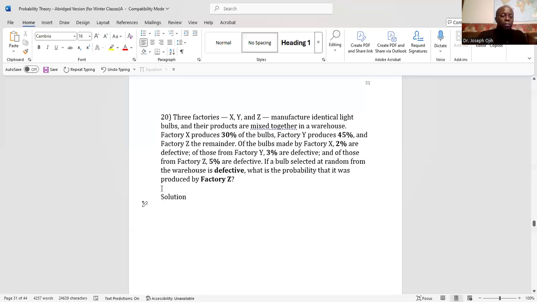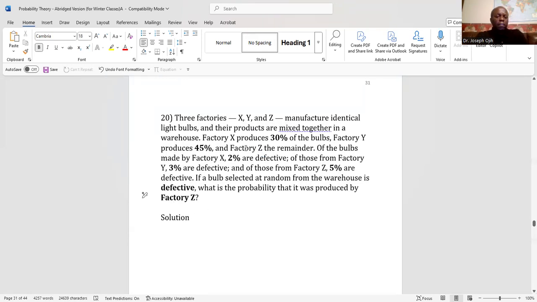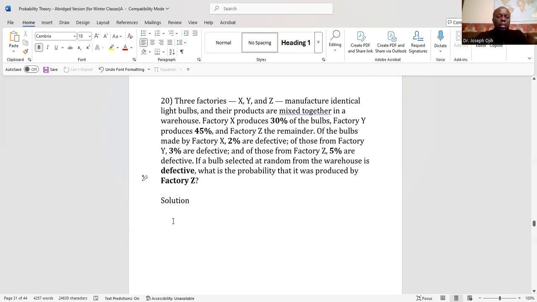They told us that factory X produces 30% of the bulbs. So the probability that the bulb is from factory X, P of X, equals 30%, which is 0.3.